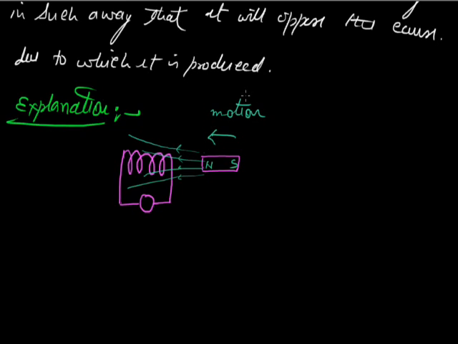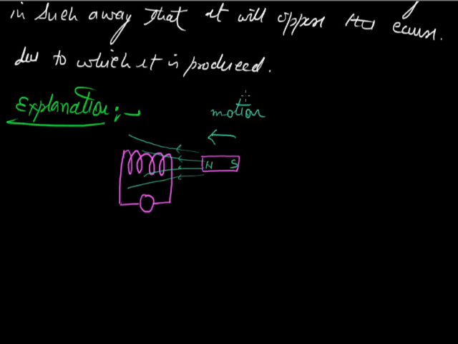The distance between the magnet and coil is decreasing. So we can say there is attraction between the magnet and the solenoid. This is the reason due to which induced current will be produced in the solenoid. According to Lenz, it is opposed, which means there must be repulsion between the solenoid and this magnet.